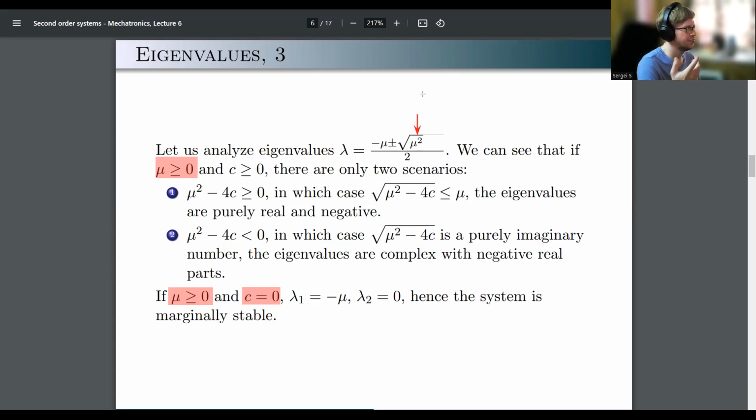The square root of a positive number is a positive number, it cannot be imaginary. And we have minus mu, plus or minus mu. So minus mu plus mu is 0. So this is one eigenvalue. And minus mu minus mu is minus 2 mu, but divided by 2, it is just minus mu. So the second eigenvalue is minus mu. So now one eigenvalue is negative, a purely real number. The second one is just 0. So the system is then marginally stable.